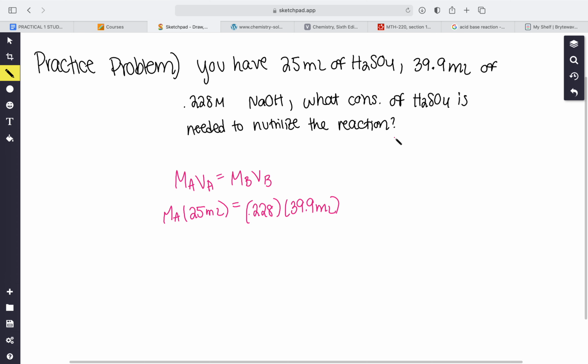Okay, so let's just do some math here. We have 0.228 times 39.9. So we get MA is equal to, just a second here. So I got about 0.36. What is molarity in? I'm blanking, grams per milliliter, I think.